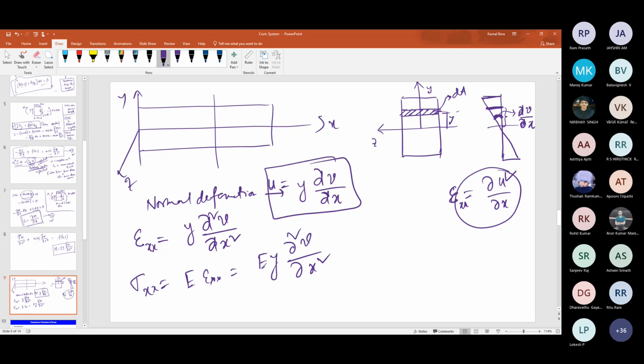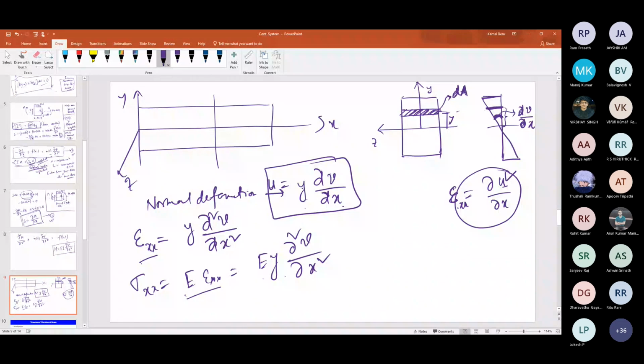Clear? Hooke's law, linear elastic material: E into epsilon xx, that is E into y into this. Strain is the first derivative of the displacement, and displacement is y into del v by del x. What is y? I have taken an arbitrary fiber at a distance y from the neutral surface, of elemental area dA.